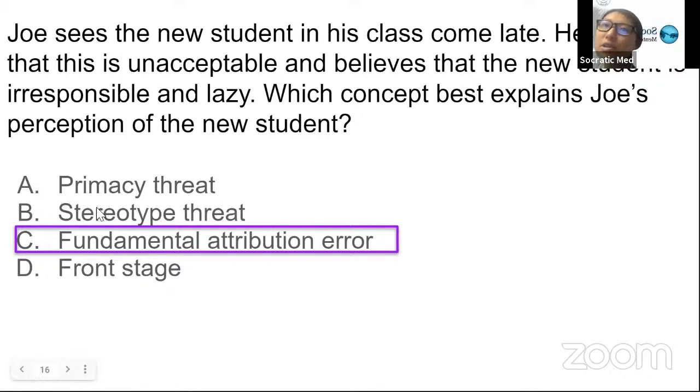On the other hand, for stereotype threat, it's more so about if they have a negative stereotype associated with a certain group.